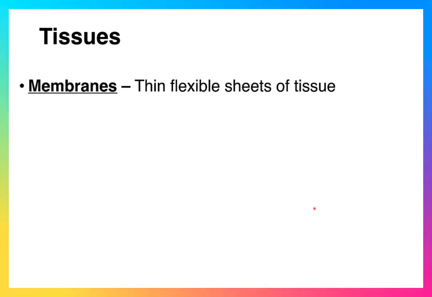Within the body, there are multiple membranes. Now, when I talk about membranes here, I'm not talking about the surface membranes on a cell. What I am talking about are the thin, flexible sheets of tissue that are on the inside surfaces of the body, and in some cases on the outside surfaces, or within surfaces that are exposed to the outside.